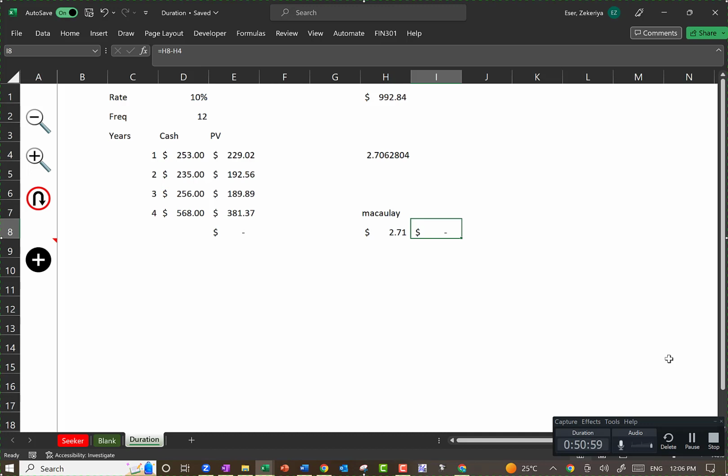Even though we're going to write a separate function, which I'm not going to do today, for duration of regular kind of cash flows like a bond or some type of annuity. For example, sometime I may want to know what's the duration of mortgage payments, right?